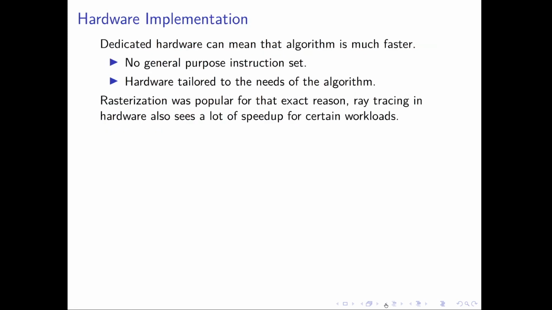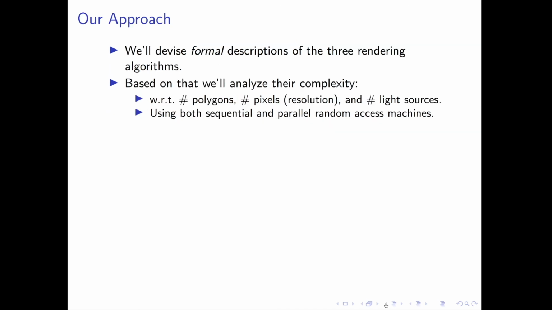Some of the algorithms that we will discuss come in the light of efficient hardware implementations that are out there. This is especially true for the rasterization algorithm and for the ray tracing algorithm. It is worth noting that the choice of algorithms also depends on whether those algorithms are actually implemented in hardware. So our approach will be that we will devise formal descriptions of the rendering algorithms, and based on that, we will analyze their complexity.